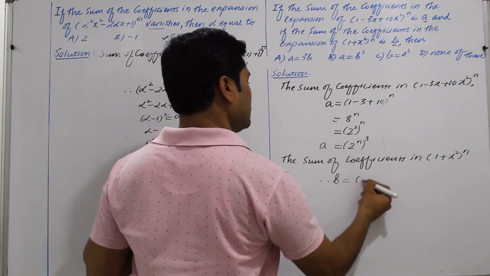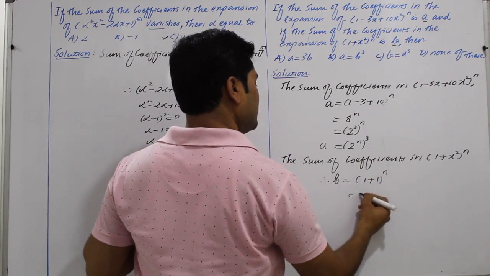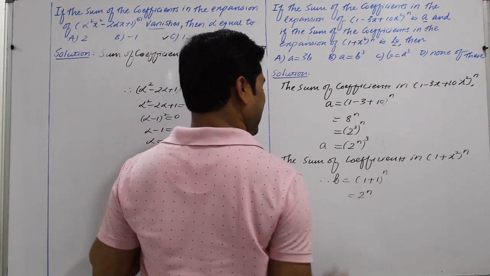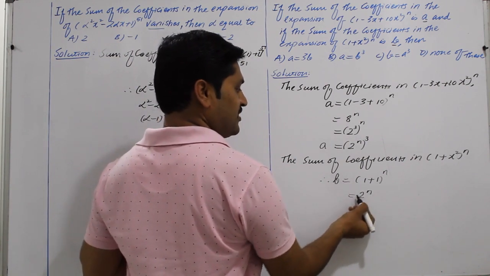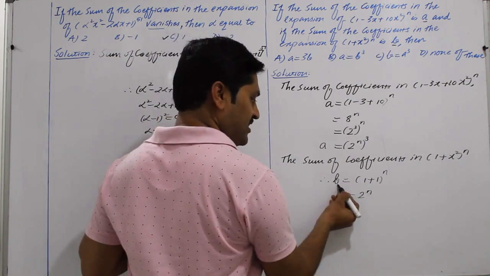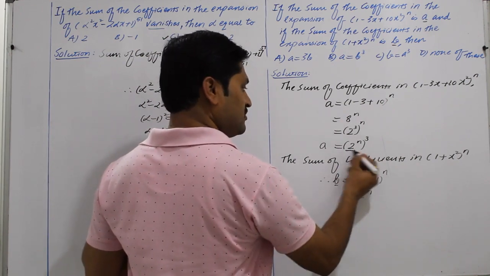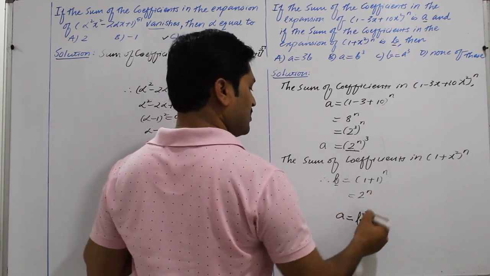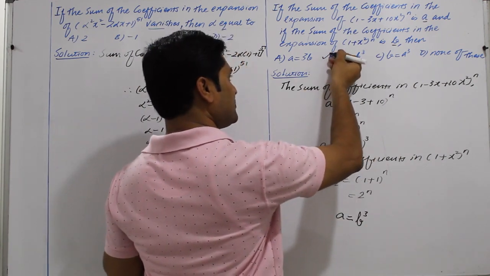Therefore b is equal to 1 plus 1 square is 1, that raised to n, so 1 plus 1 is 2, so 2 raised to n. If I put this value of b as 2 raised to n, instead of 2 raised to n, if I put that b here in this equation, that becomes a is equal to b cube. So a is equal to b cube is the relation, so the second option is the correct one.